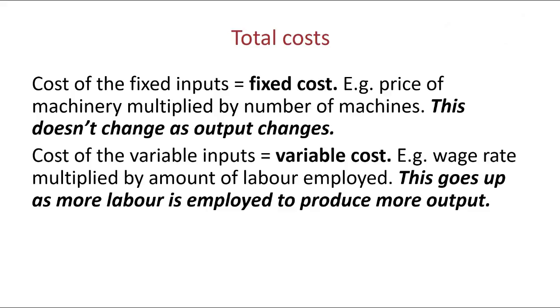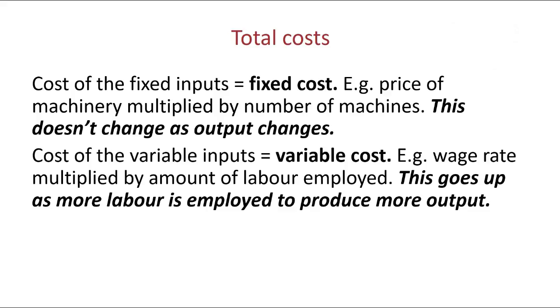The number of units of labour employed is usually measured in terms of hours rather than in terms of people. But sometimes your textbook will refer to labour as the number of people employed. In any case, this variable cost is variable because it increases as more labour is employed to produce more output.